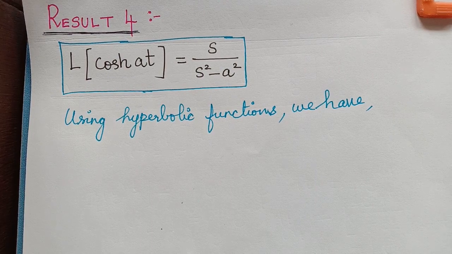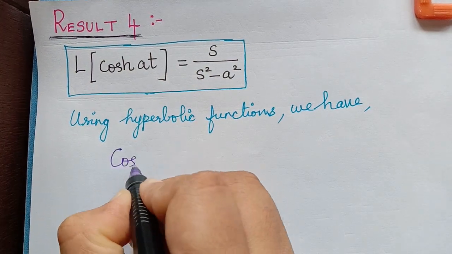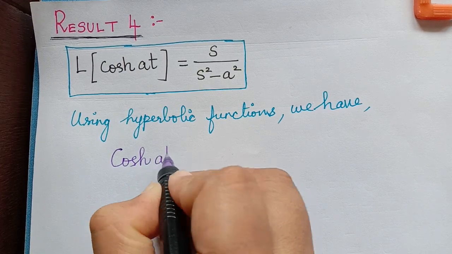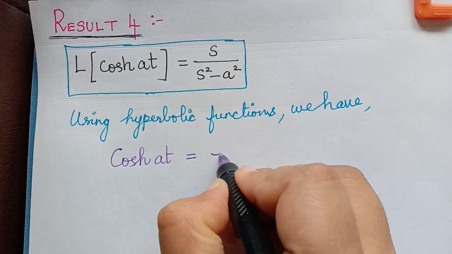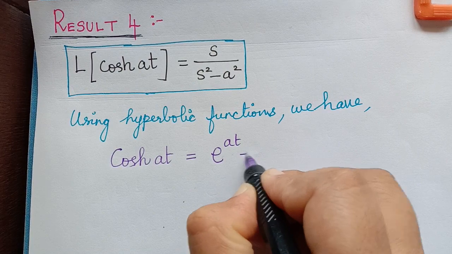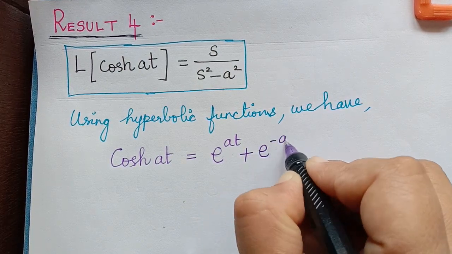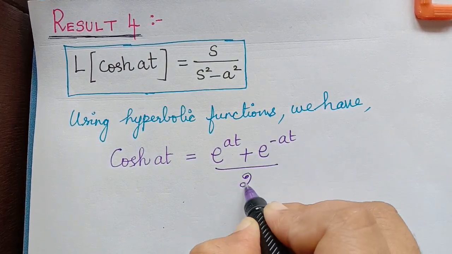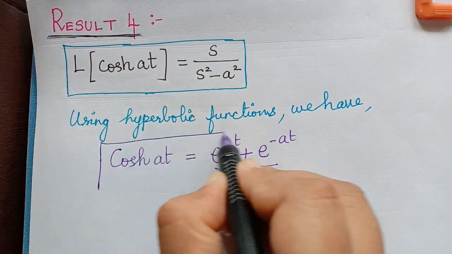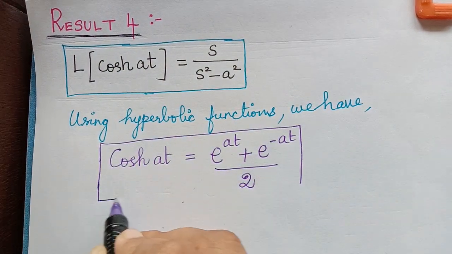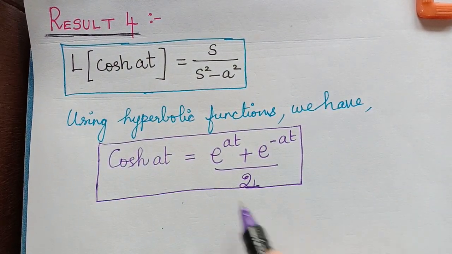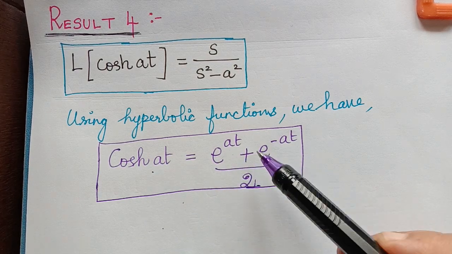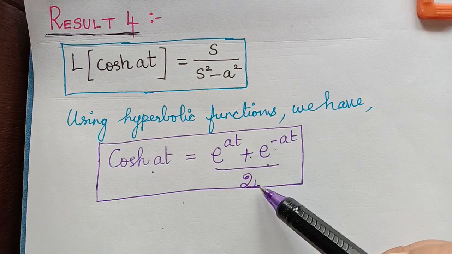So using the concept of hyperbolic functions, we know that the value of cosh at is equal to e to the power at plus e to the power negative at divided by 2. So this concept we have learnt in our previous semester.